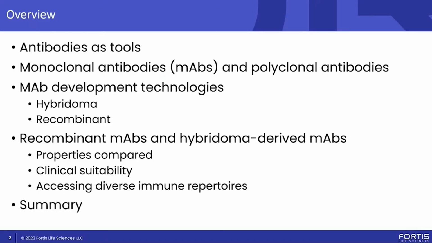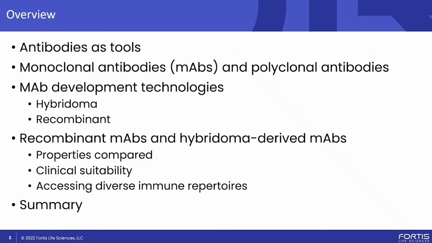So let's begin with an overview of the webinar. We're going to start by talking about antibodies in general and their suitability for use as tools. We will talk about monoclonal antibodies and how they compare with polyclonal antibodies. And then we'll move on to the various monoclonal antibody development technologies, dropping them really into two buckets, hybridoma and recombinant.